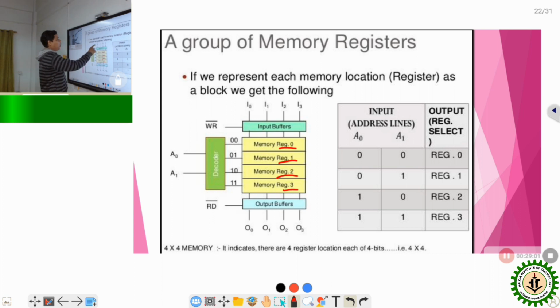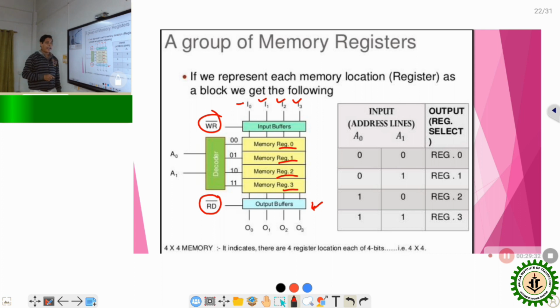As we can observe, there are 4 input lines, I0, I1, I2 and I3, present. That means each register is 4 bits in size, as in the diagram shown before. Similarly, all the output buffer enable pins, that is the RD pin, are common here, and the input buffer enable pin is common here.